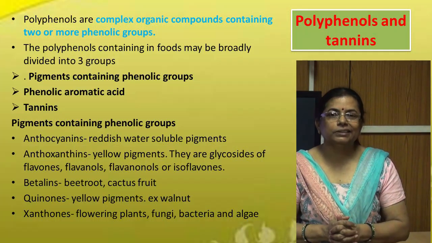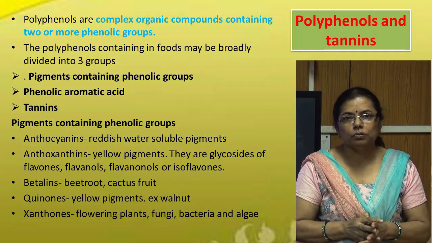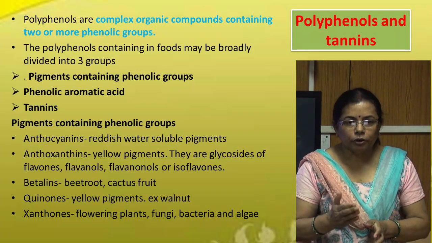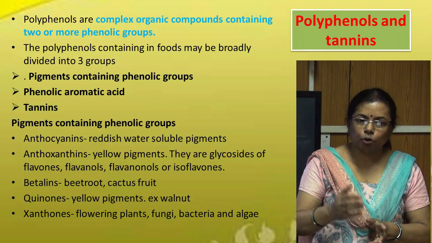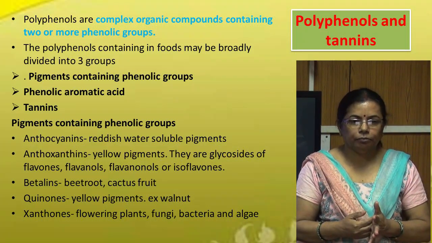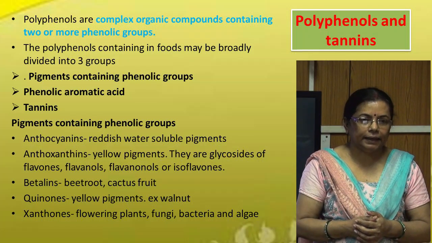Now polyphenols and tannins. Polyphenols are complex organic compounds containing 2 or more phenolic groups. The polyphenols contained in food may be broadly divided into 3 groups. First, pigments containing phenolic groups, second, phenolic aromatic acids, and third, tannins.